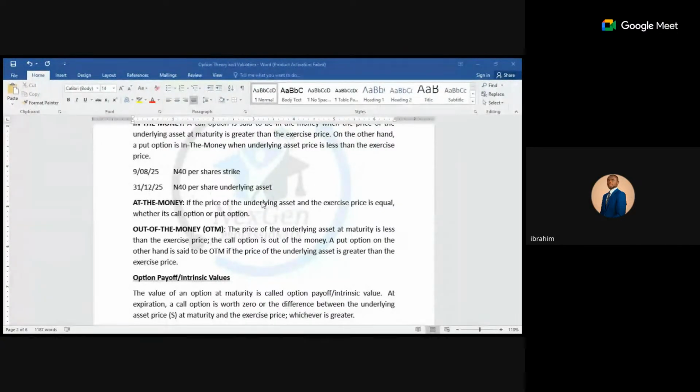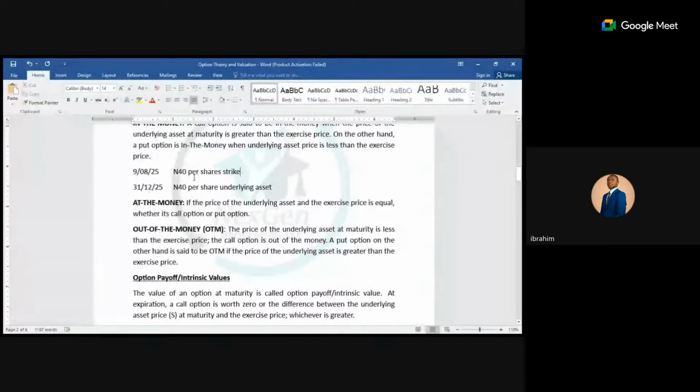Don't forget, underlying asset means maybe the current share price of that particular asset at the date of maturity. It could be a bond, it could be shares. While the exercise price is fixed at the beginning of that option contract.